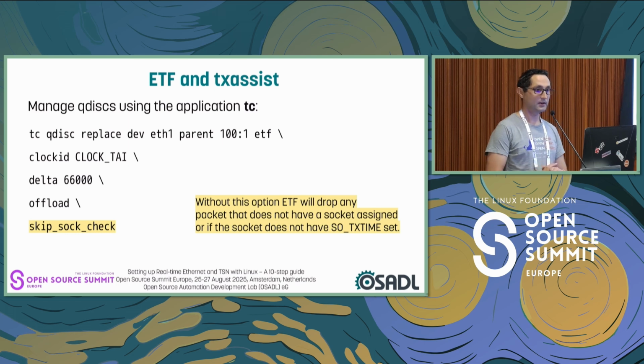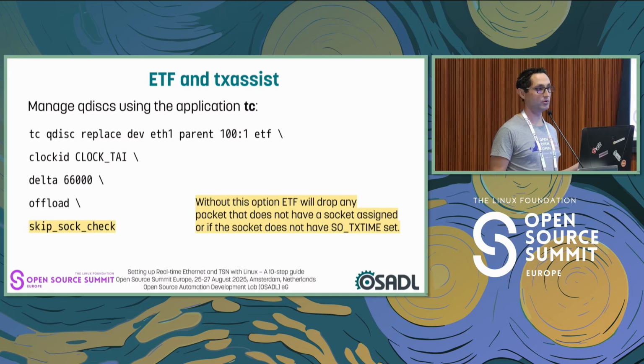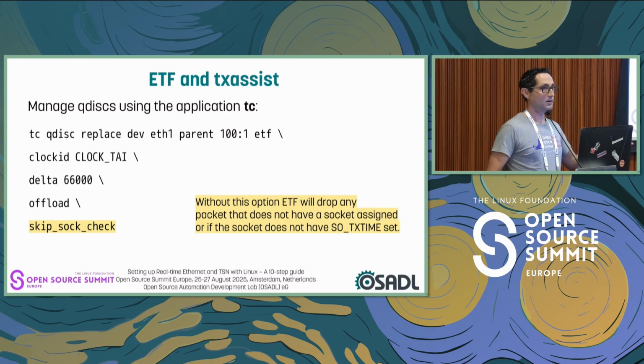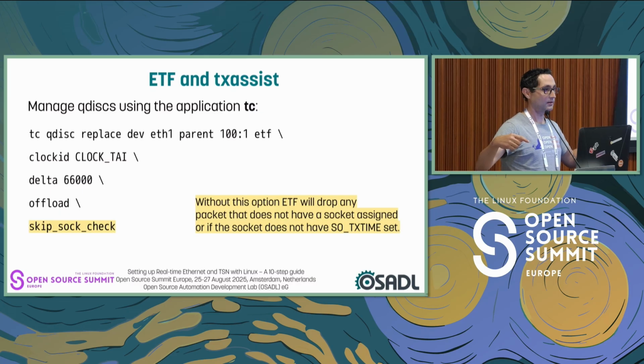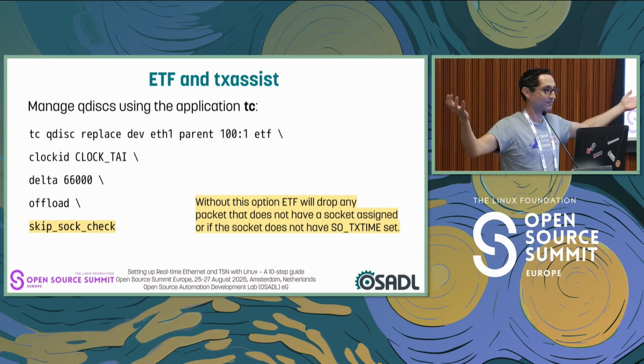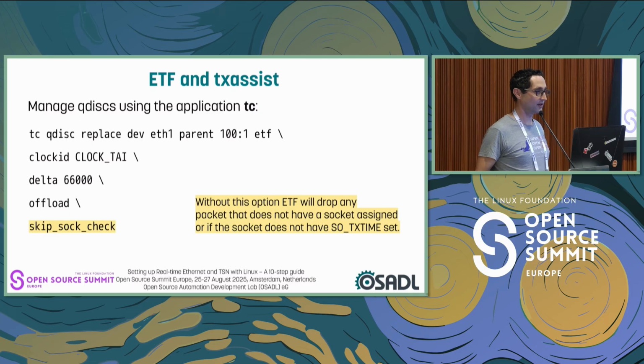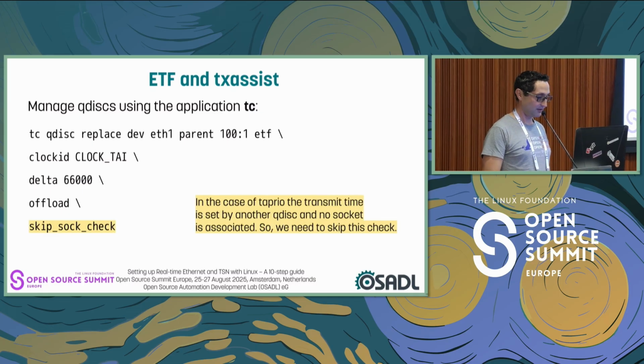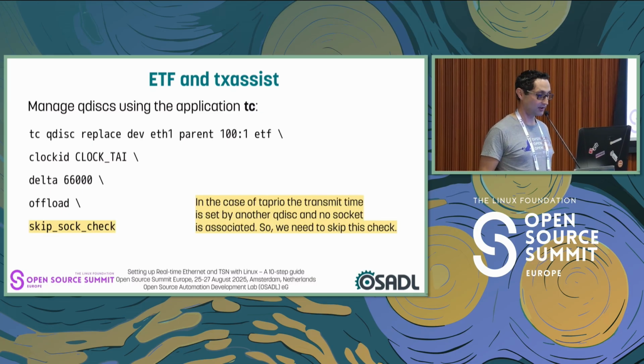The thing is basically, and this is quite logical, that if you use a socket with ETF, by default every packet that doesn't have a SO_TXTIME or send time assigned will be dropped silently, because, well, we don't know how and when to send it, right? But in that specific situation, there's actually no socket associated, because the packet is coming from another queuing discipline.